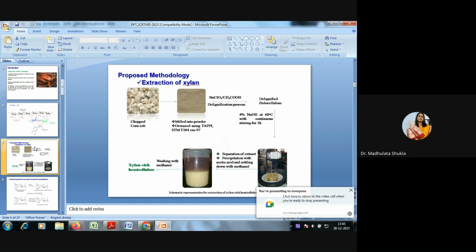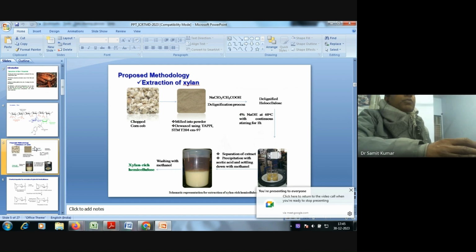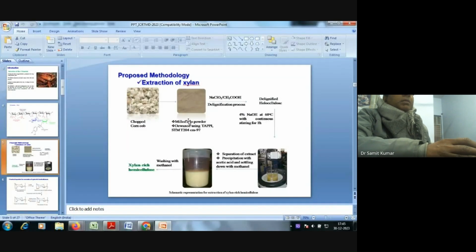Thank you. This is the proposed methodology in which corn cob is chopped and milled into powder, and then further it is delignified with the help of acidified sodium chloride. The delignified holocellulose was obtained.